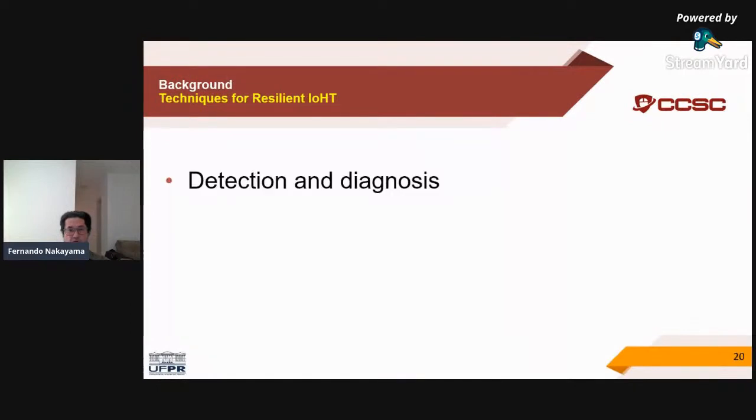The techniques for resilient IOHT include detection and diagnosis mechanisms. Monitoring is employed in the field of runtime verification, where information is obtained from a running system, and it represents a finite trace of temporal behavior. And in the computational security field, the term intrusion detection relates to detecting break-ins, penetrations, and other forms of computer abuse.